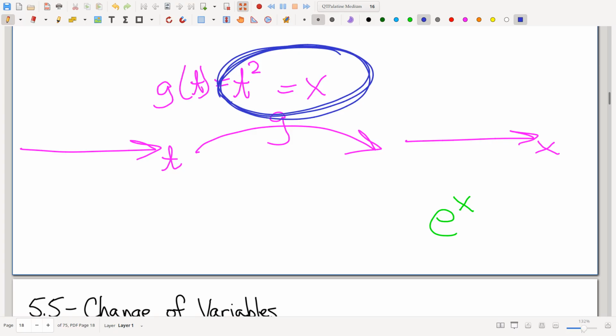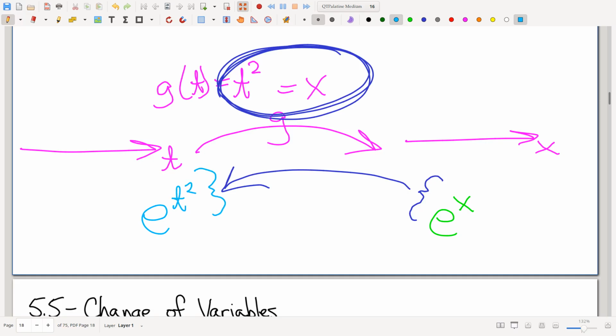It's just plugging in. You've been doing it forever. Plugging in x equals t squared turns e to the x into e to the t squared. This is literally a pullback.